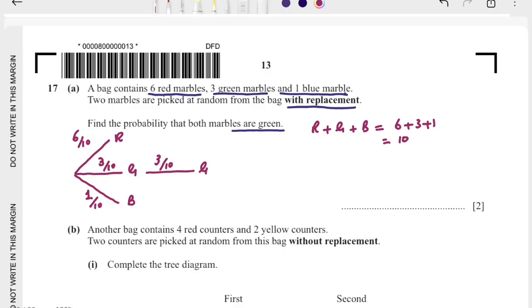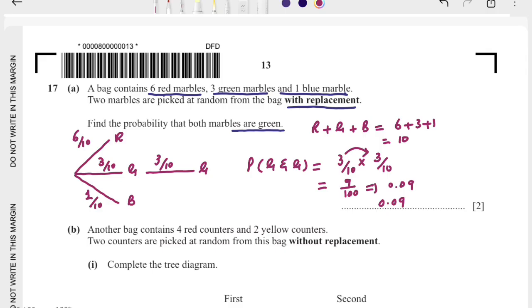So the probability of green and green is equal to 3 upon 10 times 3 upon 10. 3 times 3 is 9, 10 times 10 is 100. 9 upon 100, or 0.09 would be the answer.